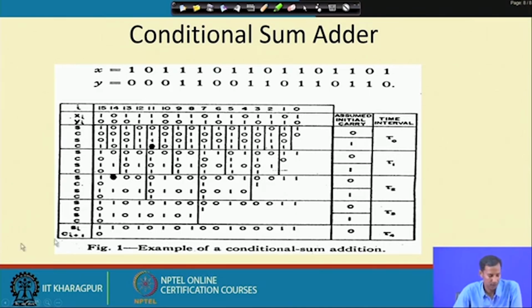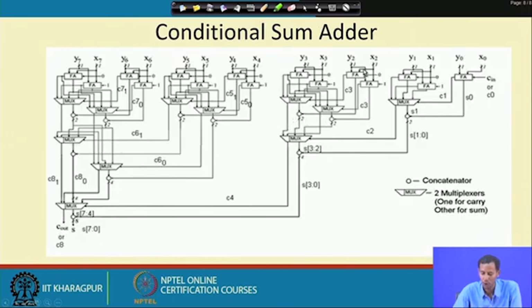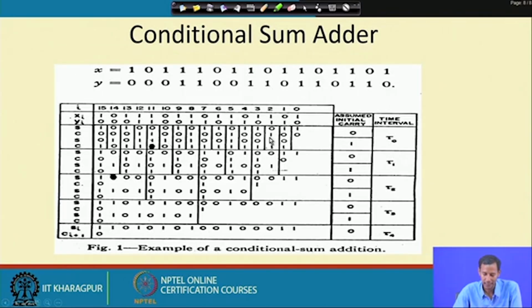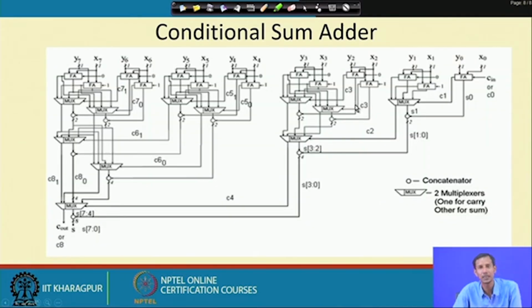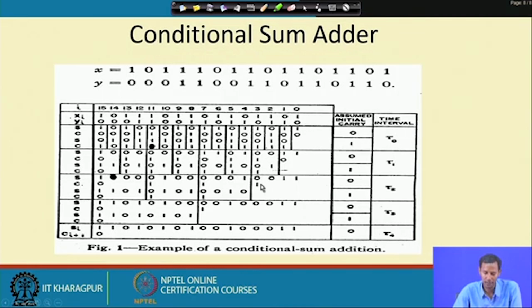Whenever I come to this particular point, the previous carry is 1, so it will choose 0 and 1. For the carry output bit, that is also 1, so again it will choose 0 and 1. As C 3 is 1, in both cases it will choose 0 and 1.